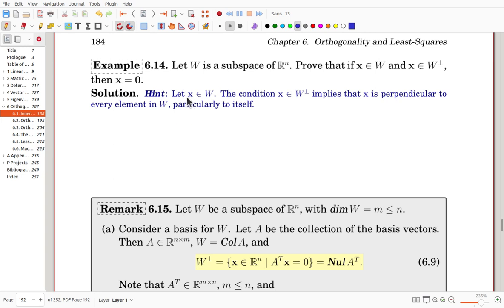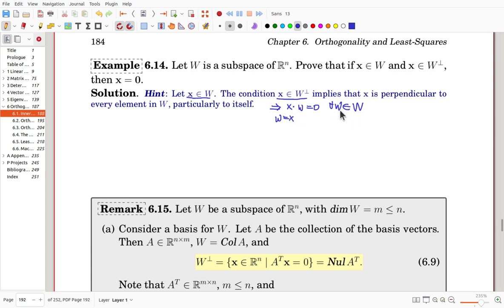Now, we start with x in W, but it's also in W perp. This implies that x dot w is 0 for every choice of w inside the subspace. Now, x is in W, so among these w, we may choose w to be x, because x is inside here.